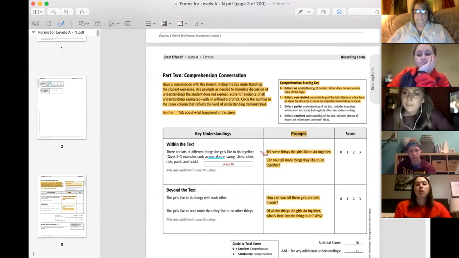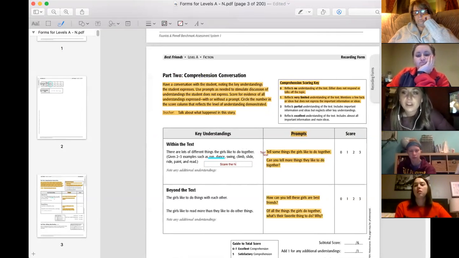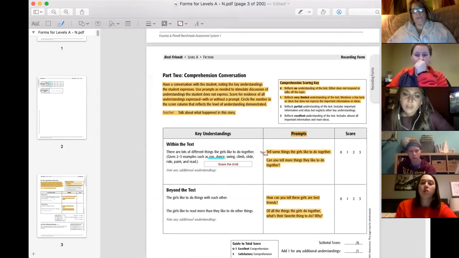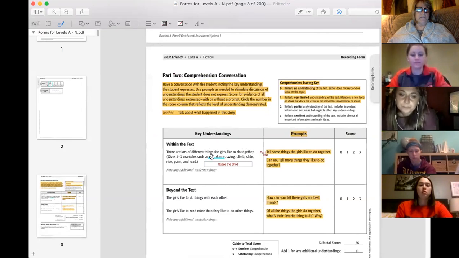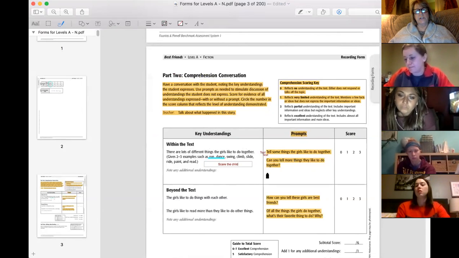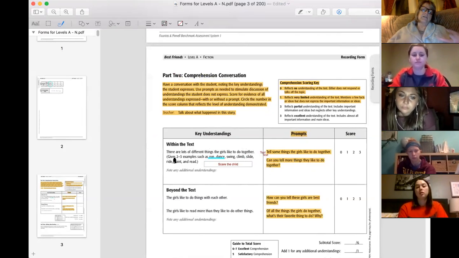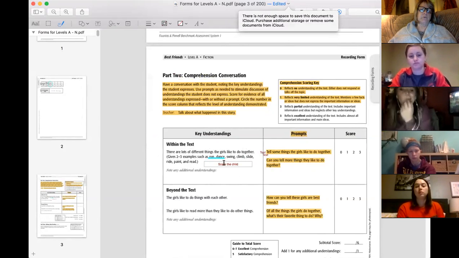Should we do the comprehension questions for every book that we test them on? Yes. Good question. And if they only give you one thing, you can ask the second prompt. Can you tell me more things they like to do together? Because see, they need to give you 2 to 3 examples to get the maximum points.